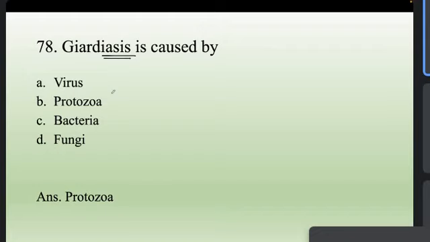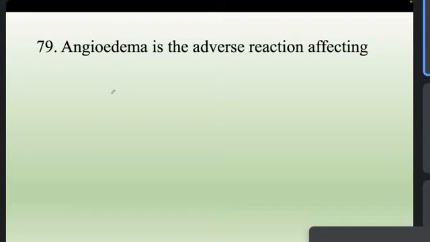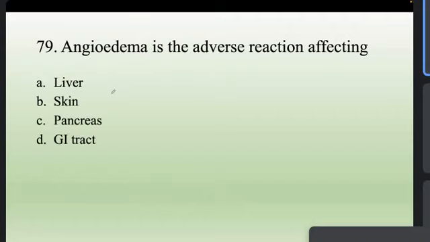Okay, let us move to the next question. Angioedema is the adverse reaction affecting the liver, skin, pancreas, GI tract. Skin, ma'am. Okay. Skin. Any other answers? Okay, so tell me, why did you answer skin?